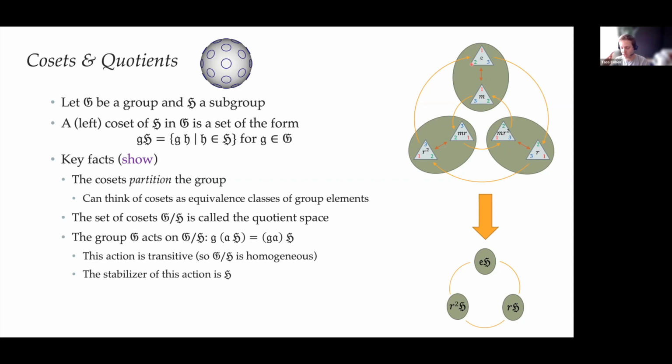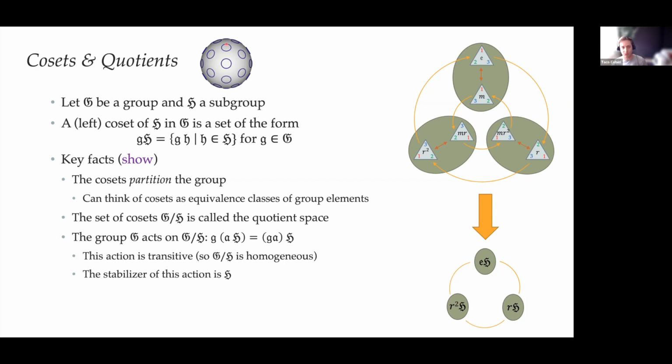So the cosets carve up your group into equivalence classes called cosets. And now the set of cosets is called the quotient. So if I start with this group with 6 elements, and then I forget about all the group elements, I just remember which cosets there are, I get, in this case, 3 cosets. And this space with 3 points is called the quotient space.